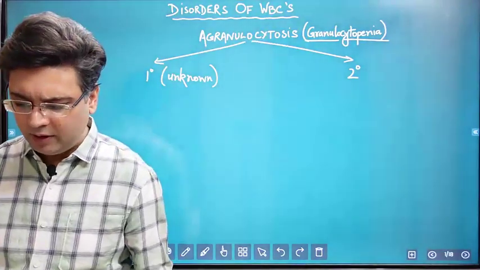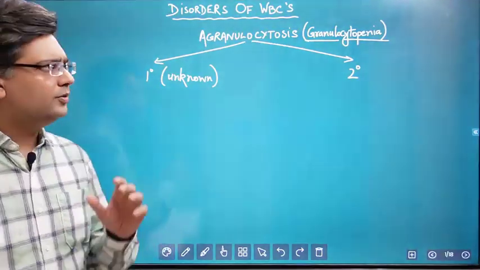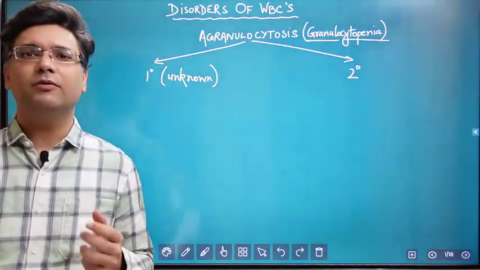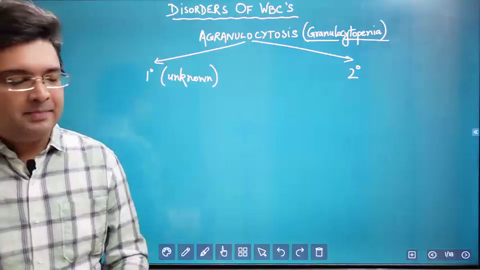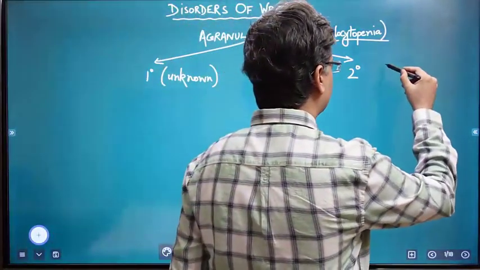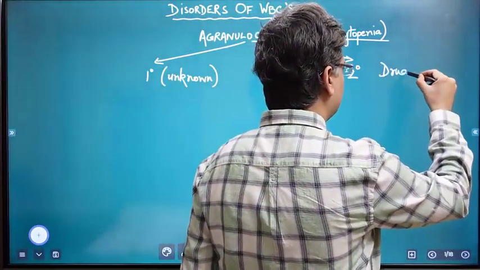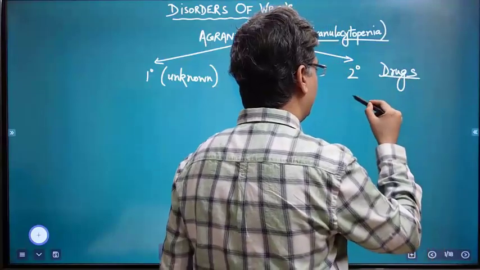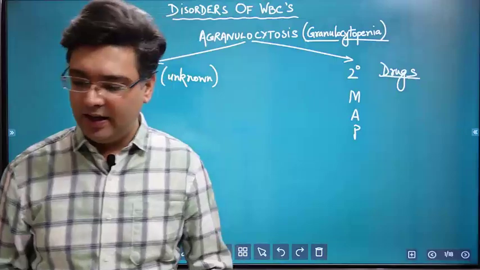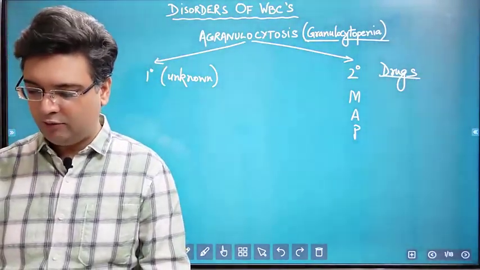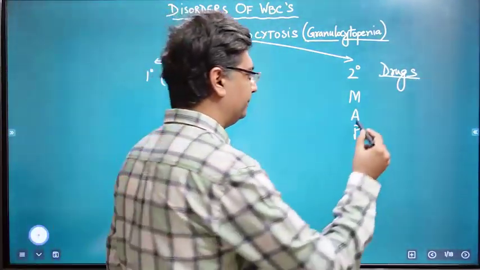And the cause of the secondary type can be multiple conditions, which we can remember with the acronym MAP. So these are certain drugs, and these drugs can be remembered by the acronym MAP.